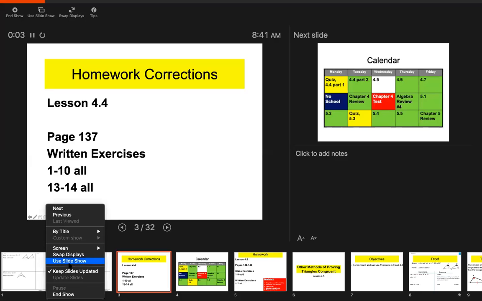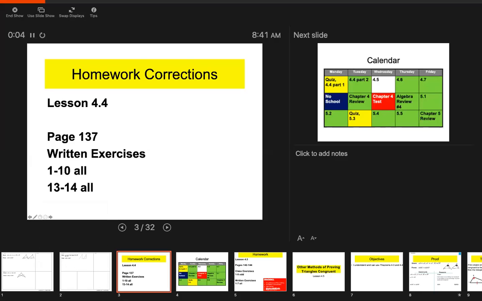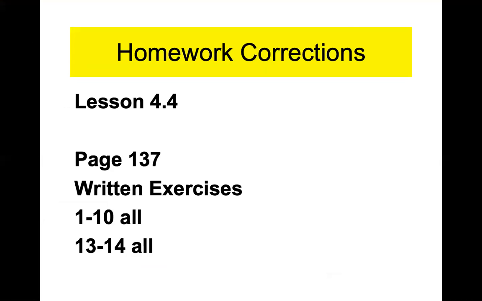All right, questions on the homework? Number 10. All right, so number 10, you're starting off with a triangle that's on its side, looks something like this.